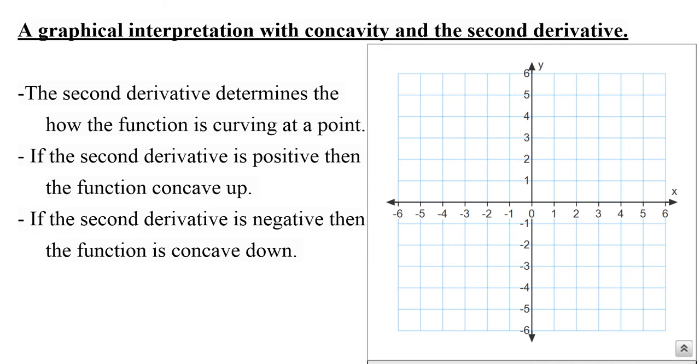So a graph that is curving up is a concave up function. If the second derivative is negative, then the function is concave down. So a concave down function will look like this. And that is what concave down will look like.